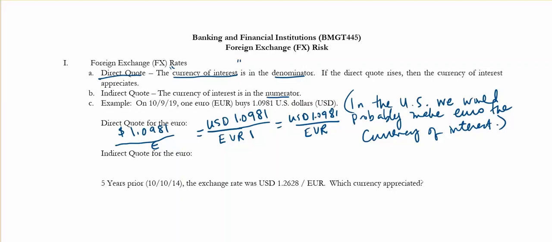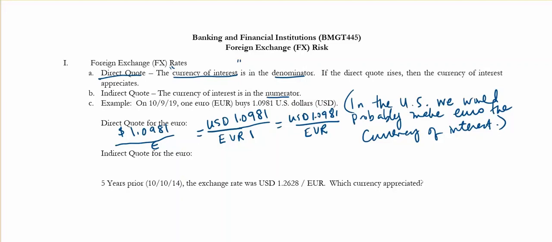And the nomenclature typically is the first two letters represents the country, and then the last letter represents what the currency is called. So hence US dollar, USD. Euro is the one exception, because euro really isn't a single country's currency.